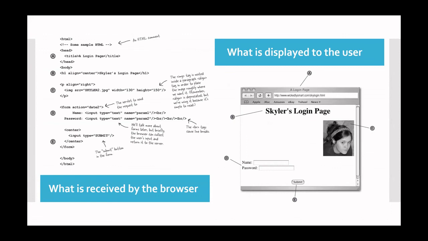So for example, if you look in the code, you will see something like this, a tag that specifies an image. The user doesn't need to see that. The user needs to see the actual image. Okay, so that is the final task of the browser. So this is how web applications generally work.